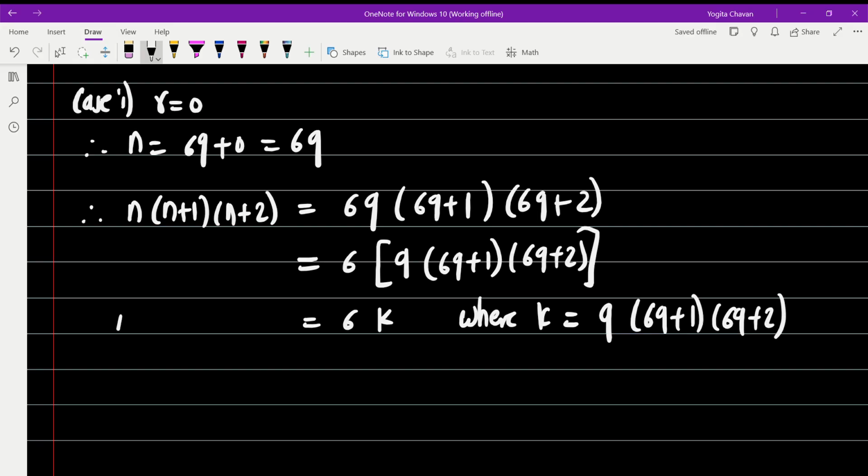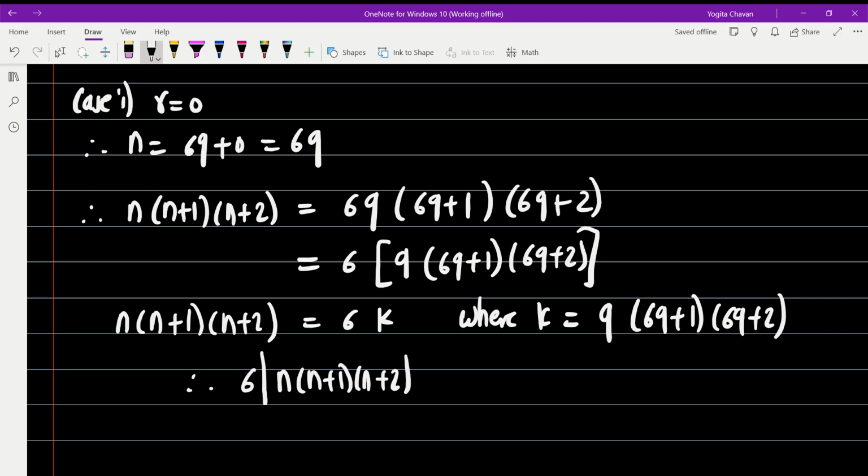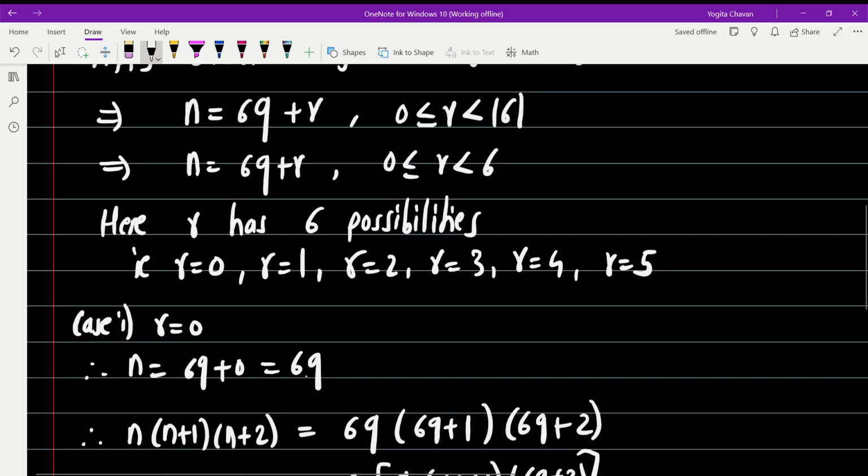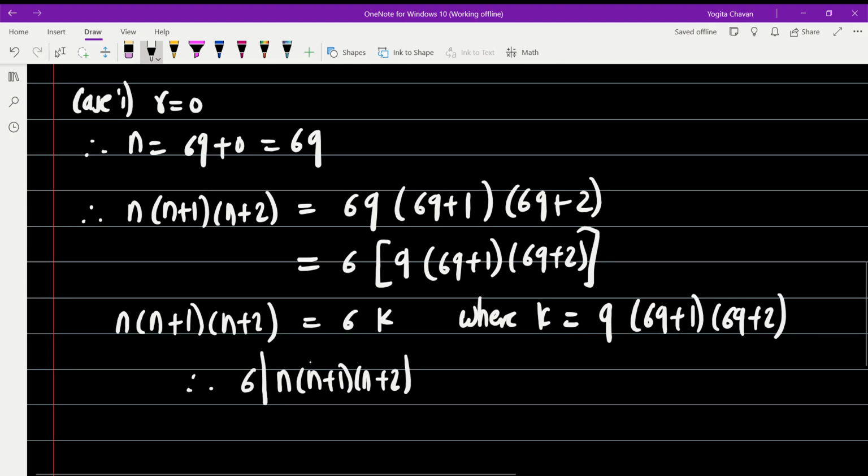So this product of three consecutive integers n into n plus 1 into n plus 2 is equal to 6 into some integer. Therefore 6 divides n into n plus 1 into n plus 2. Okay. So if the remainder is 0, then this product is divisible by 6.